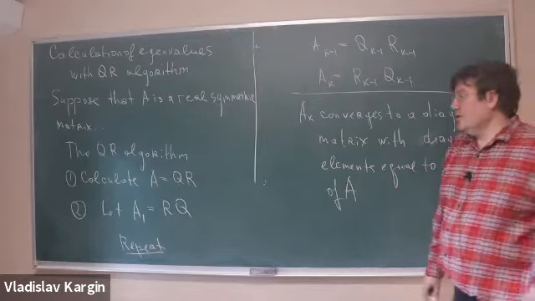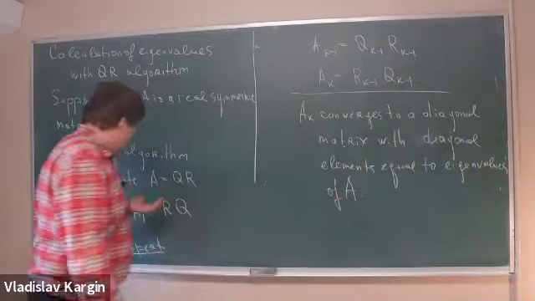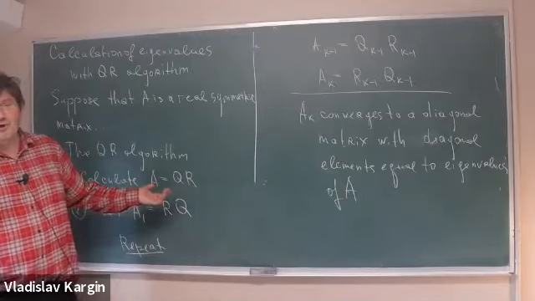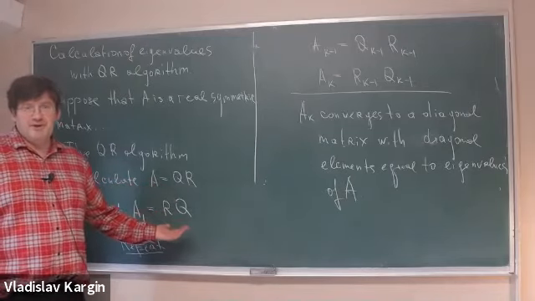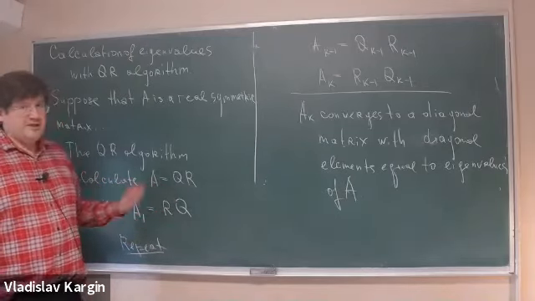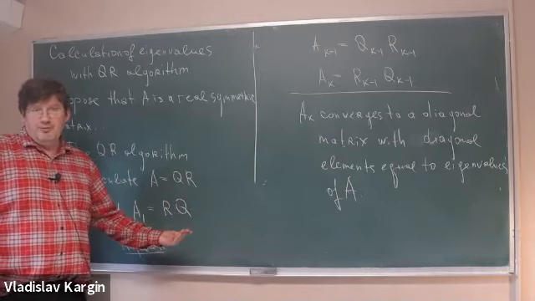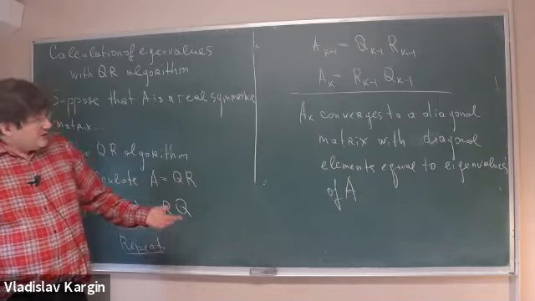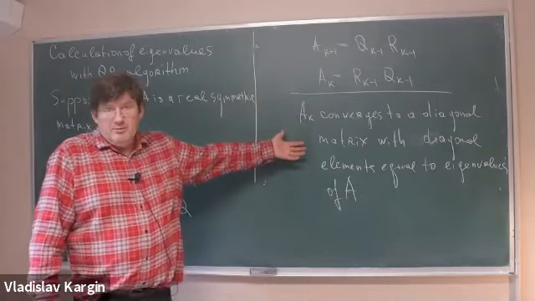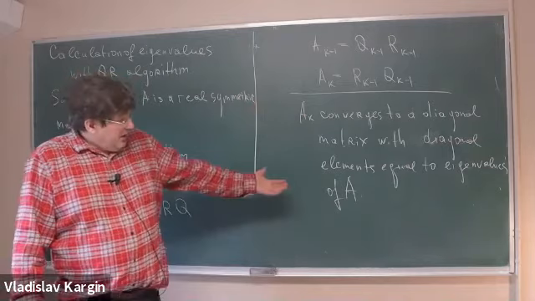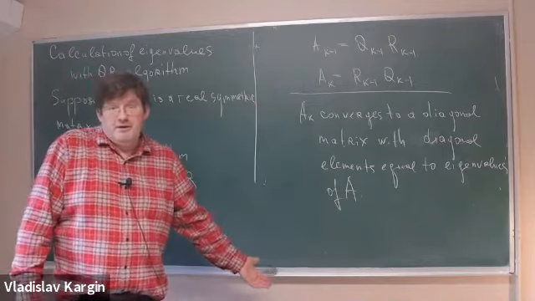This is the popularity of the algorithm, maybe because of its simplicity. You calculate the QR decomposition, multiply in the opposite direction, get A1. Then you do the QR decomposition again, multiply in the opposite direction, and do it until it converges to a diagonal matrix, so all off-diagonal elements become small, and you just read off the diagonal elements.